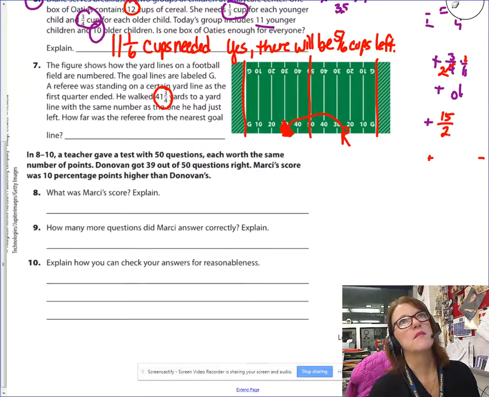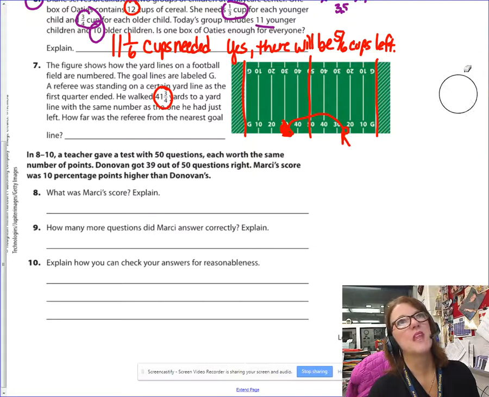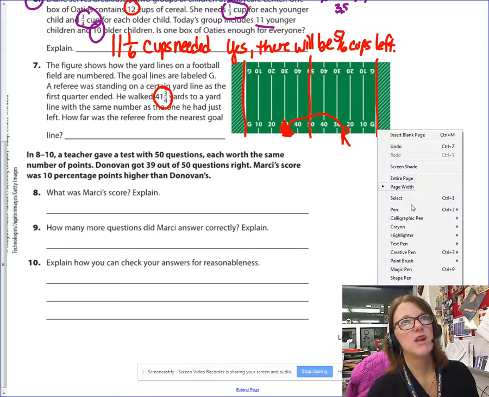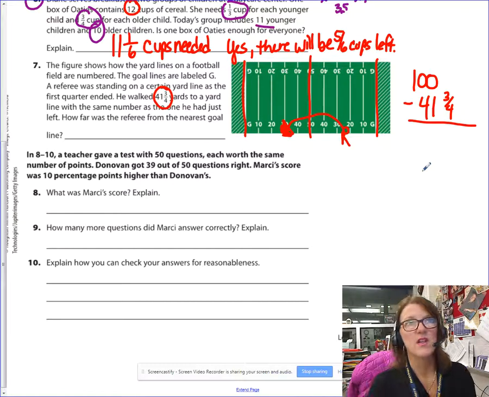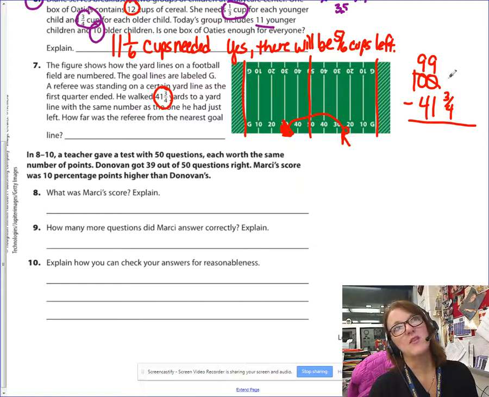So let me get some of this work out of my way. And let's talk about looking at the whole field. The whole field's 100 yards, okay? He walked 41 3/4. Now, it's up to you if you want to change this into decimals or leave it as a mixed number. I'm going to leave this as a mixed number, except that I don't have any fourths to subtract from.